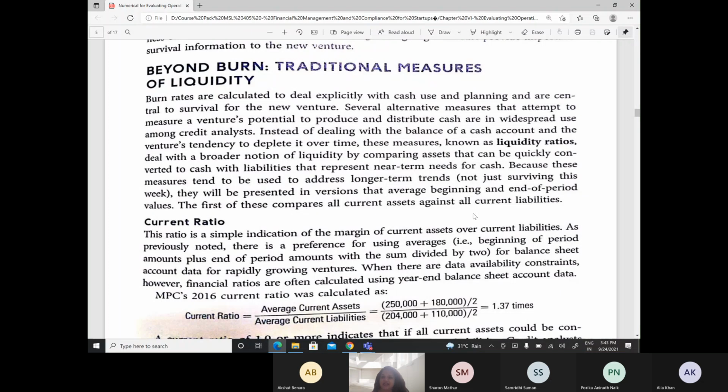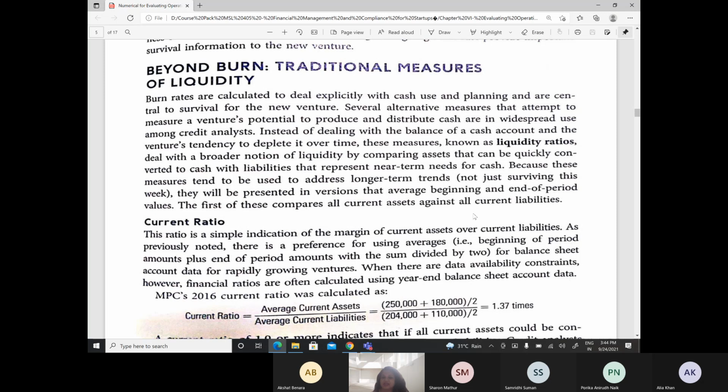Instead of dealing with the balance of a cash account and the venture's tendency to deplete it over time, these measures, known as liquidity ratios, deal with the broader notion of liquidity by comparing assets that can be quickly converted to cash with liabilities that represent near-term needs for cash. Because these measures tend to be used to address long-term trends, not just surviving this week, they will be presented in versions that average beginning and end of period values.